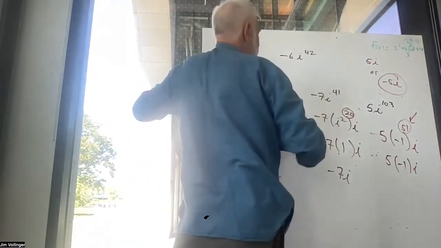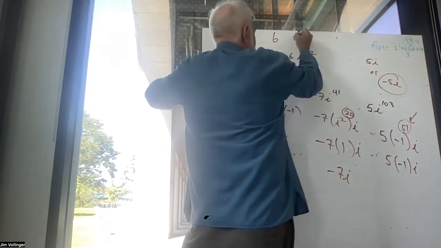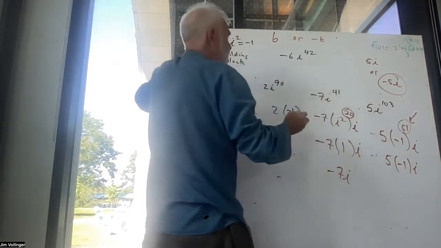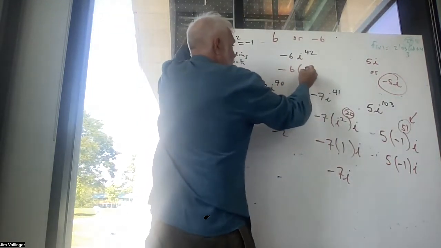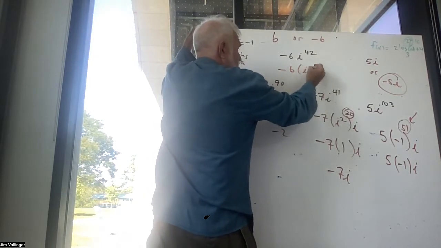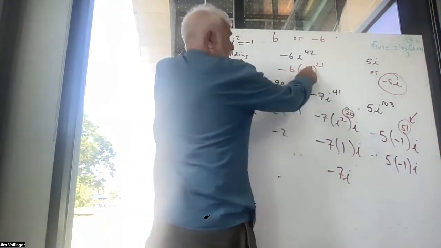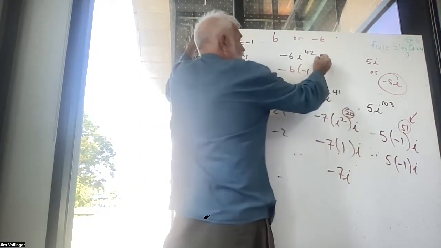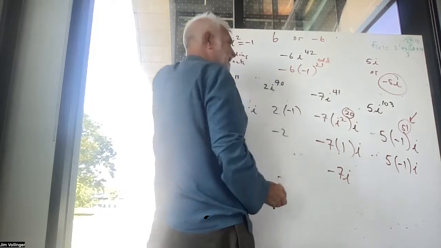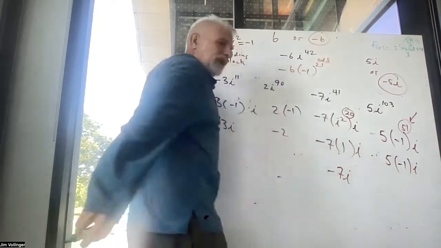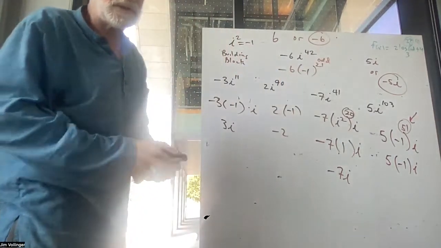That's an even number. I'm either going to get 6 or -6. Let's find out why. -6, because i squared 21 times. That's -1 to an odd number. What's my answer? -6.